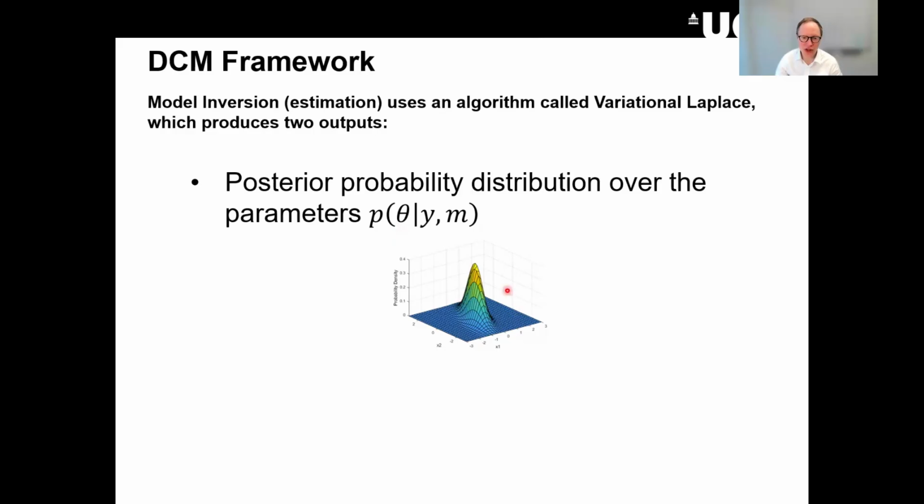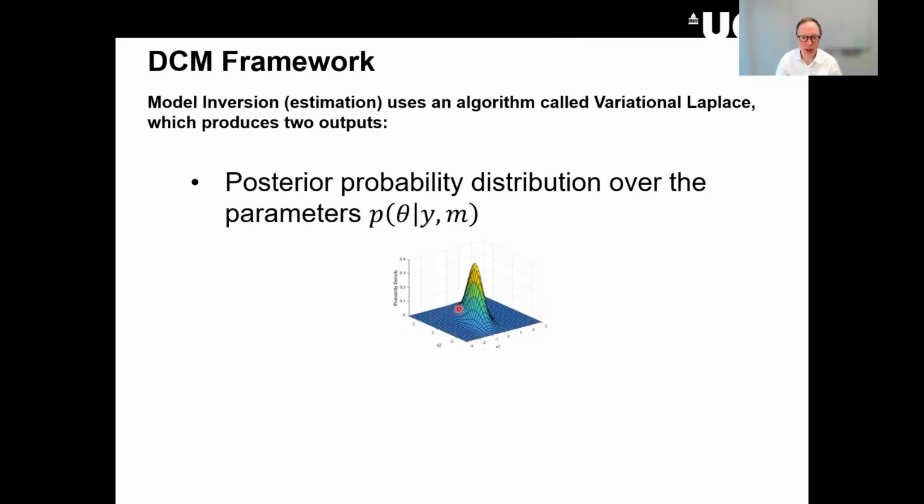And this illustration shows what the posteriors look like in DCM. It's what's called a multivariate Gaussian distribution, or a multivariate normal distribution. And if you imagine that these two axes here are two parameters, two connection strengths, for example. So this is the strength of one connection in the brain, and this is the strength of another connection.